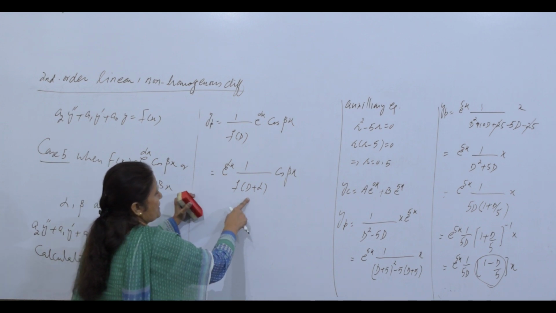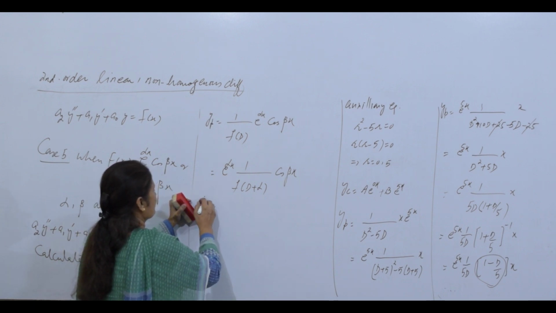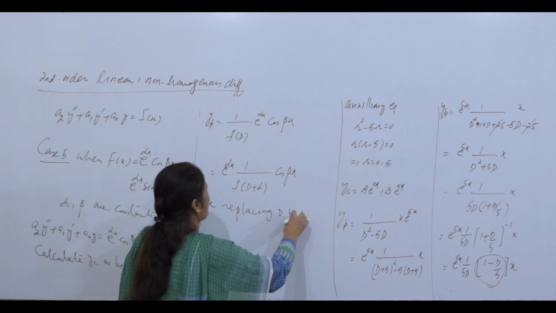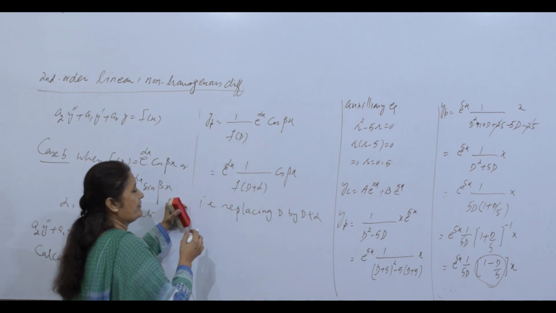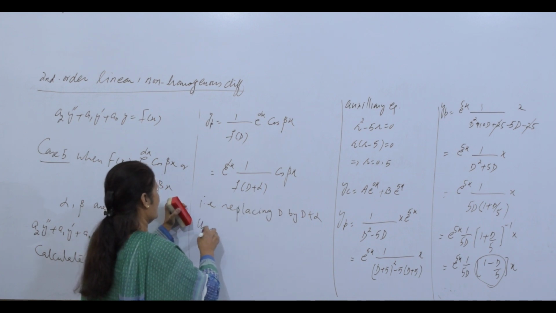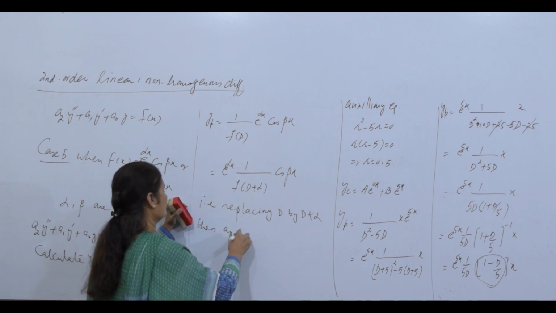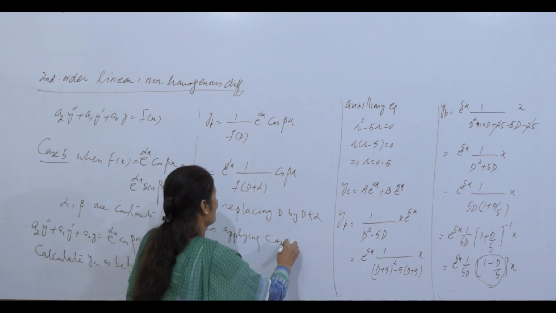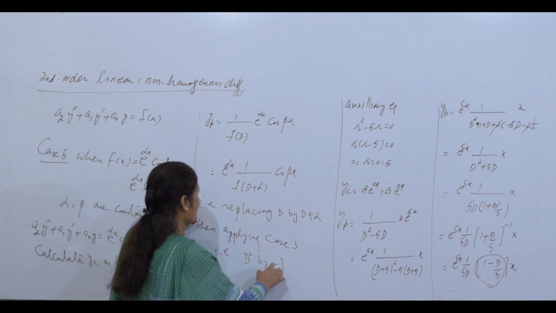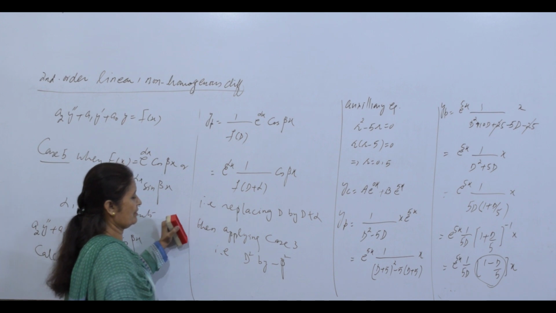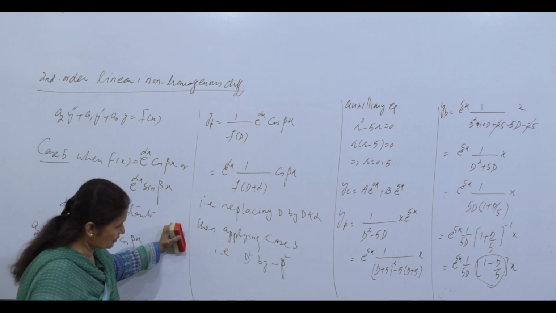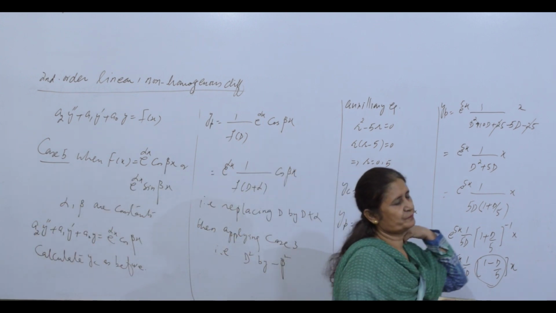That is, the exponential has played, replacing D by D plus α. And if you still have a polynomial in D, then apply case 3, that is, replacing D squared by minus β squared. Here it is β, that's okay. Replacing D squared by minus β squared.